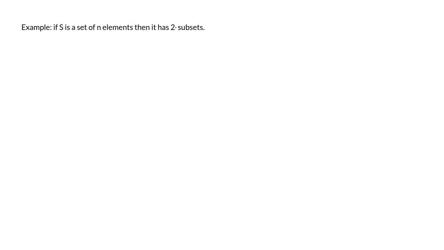And here, the base case is n equals 0, because there are sets of 0 elements. For the base case, n equals 0, the only set that has 0 elements is the empty set, and the only subset of the empty set is itself.